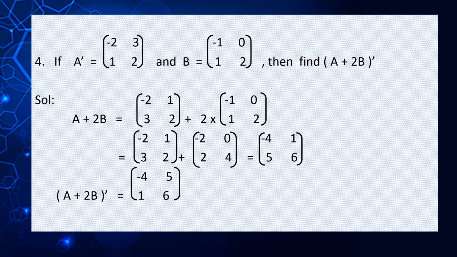Fourth question. If A transpose is equal to this given matrix and B transpose is equal to this given matrix, then find A plus 2B the whole matrix.